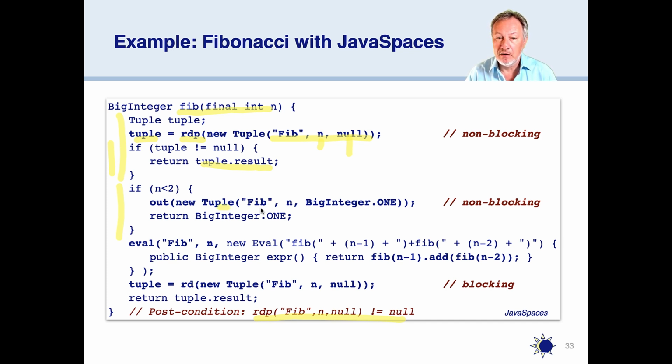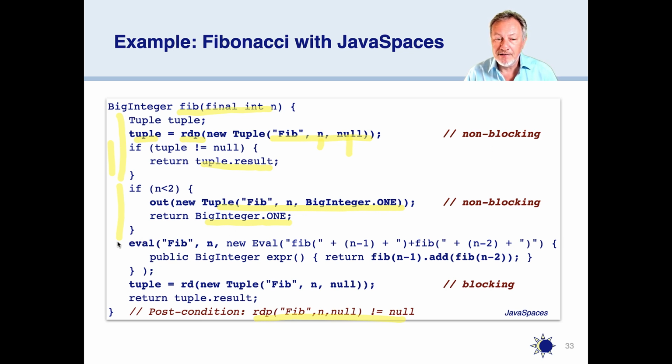Let's create a Fibonacci value for n equals 0 or 1 with the value BigInteger 1. So this is non-blocking, and we're done, and we will immediately return this value. So that's the BigInteger value of Fibonacci.